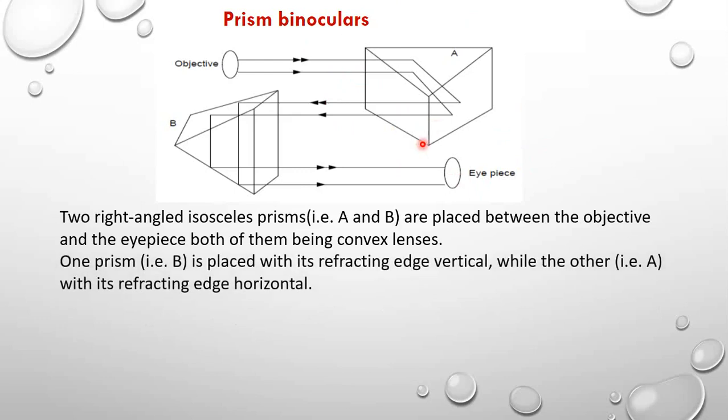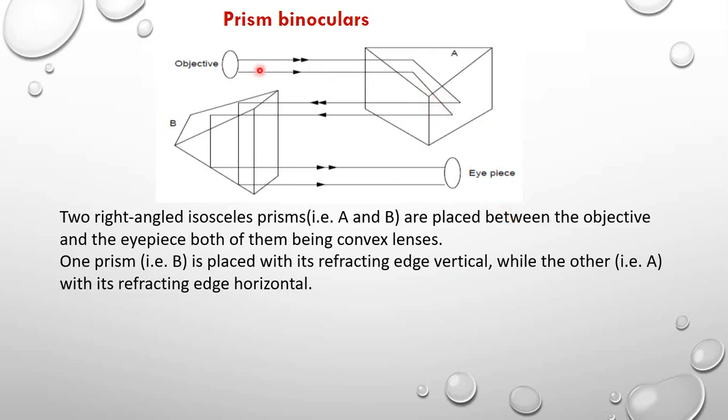And then when we arrange them like that, this prism A will turn around the image formed.